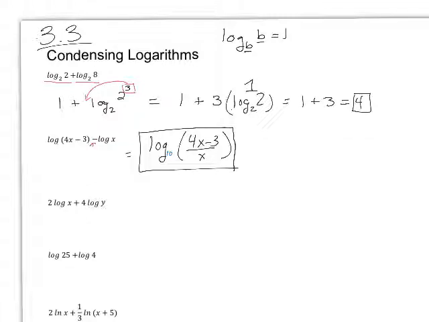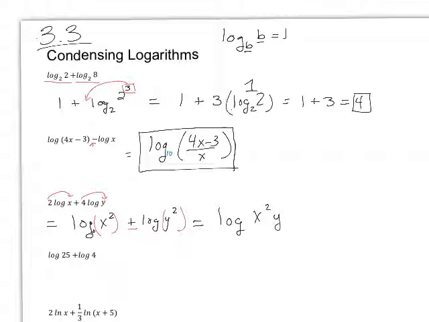All right, for the next piece that we have here, we want to remember, always, whenever there's a number in front of a log, bring that up as your exponent. So the first step will go ahead and give us log, again this is understood to be base 10, of x squared plus log of y to the fourth. The addition sign that we have here means that I'm going to multiply my two arguments inside here together, which will give me log of x squared y squared.